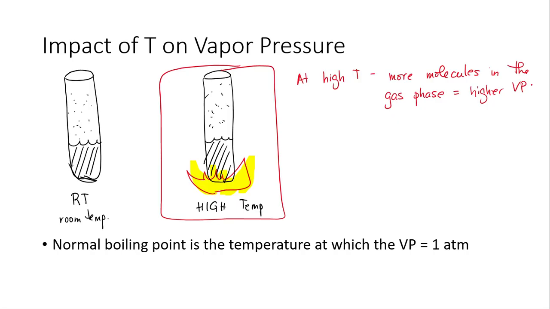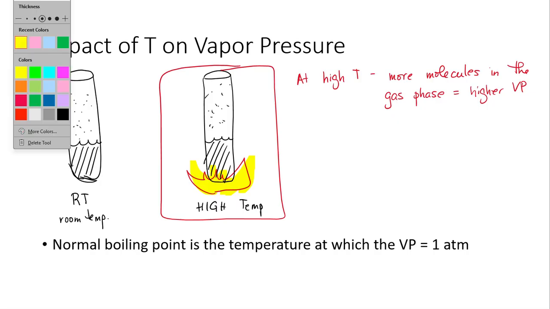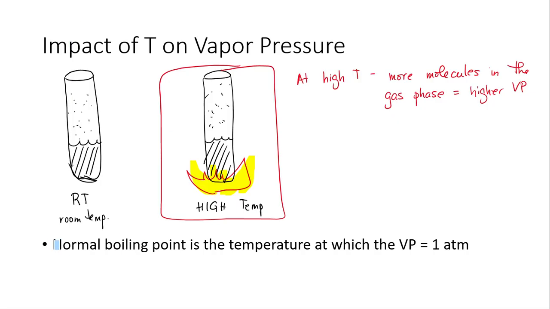So this gets us into the real, true definition of boiling point. The normal boiling point of a liquid is the temperature at which the vapor pressure is equal to 1 atmosphere.